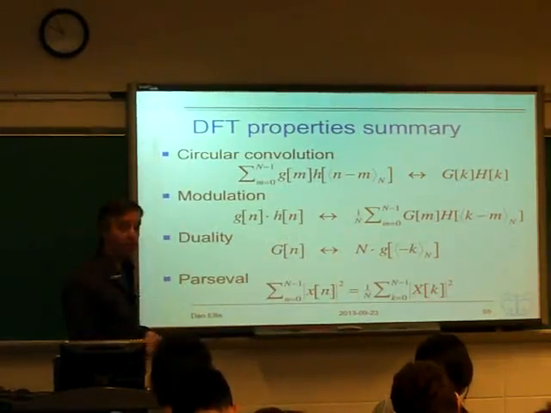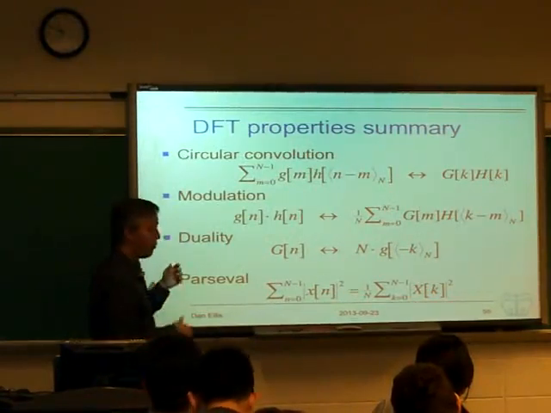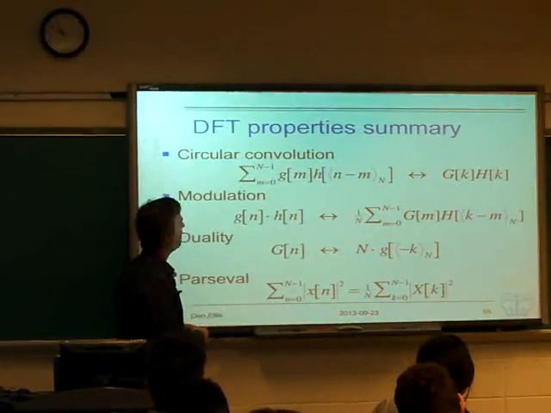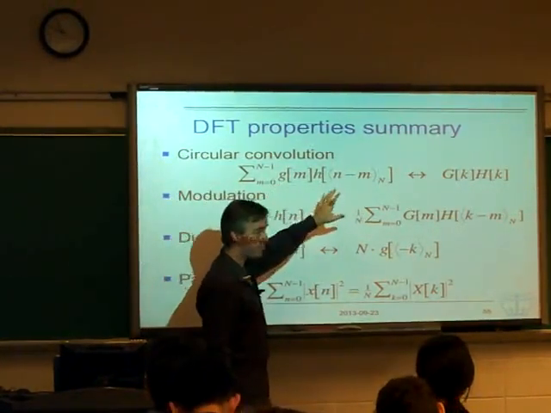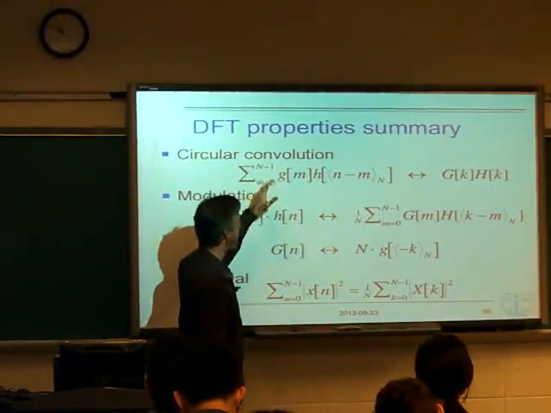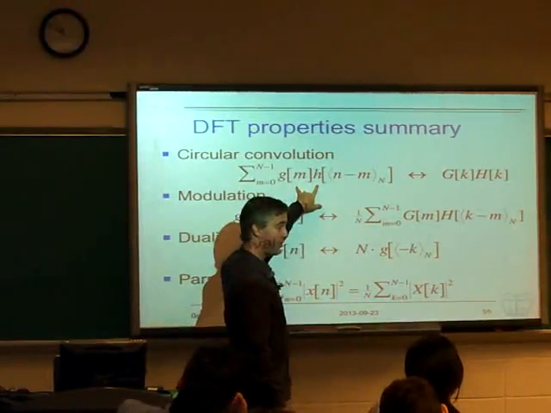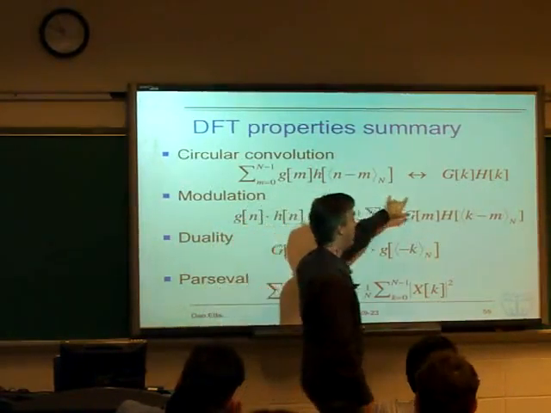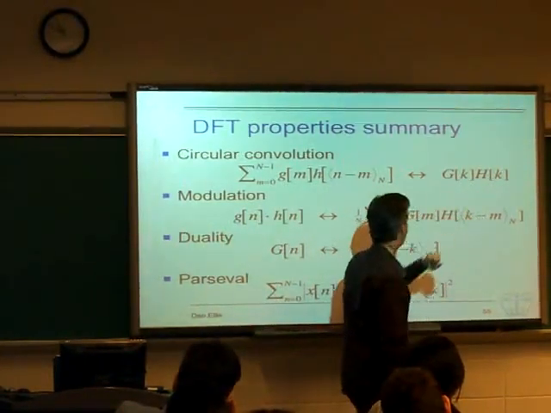So just to summarize the properties of the discrete Fourier transform, the DFT, which all mirror the properties of the DTFT and the Fourier transform. Convolution was a big one, but here it's circular convolution. So if you convolve 2 sequences in the time domain using the circular indexing, then the Fourier transform is the product of the 2 Fourier transforms.